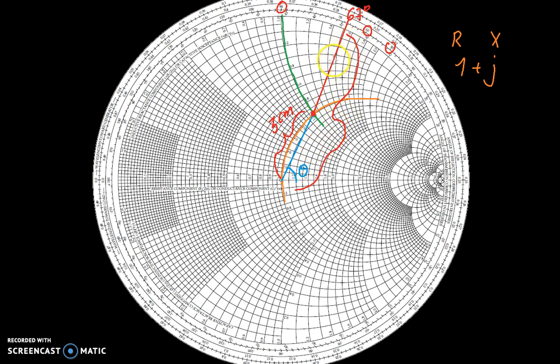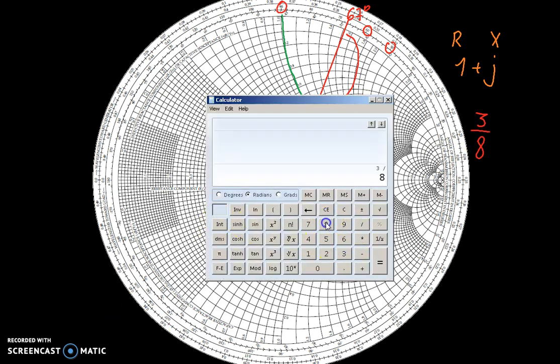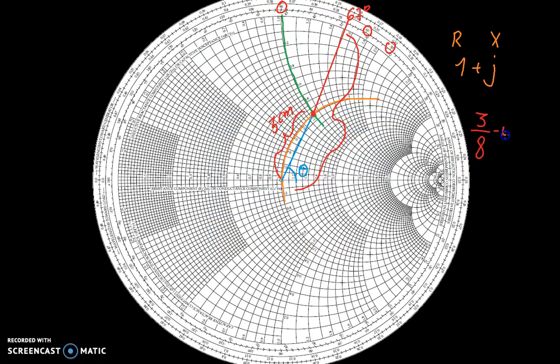It could be a huge chart, it could be a very small chart. So we divide the 3 by the radius of this chart, which in this case is 8 centimeters. So we have 3 over 8, and that's going to be 0.375, and this here is the actual absolute value of the reflection coefficient.